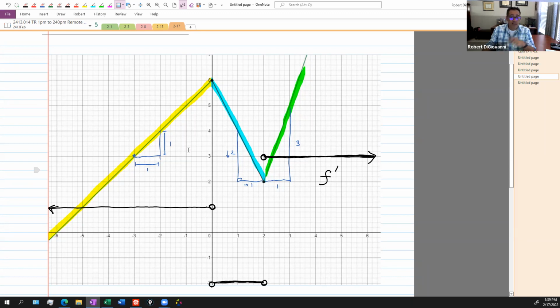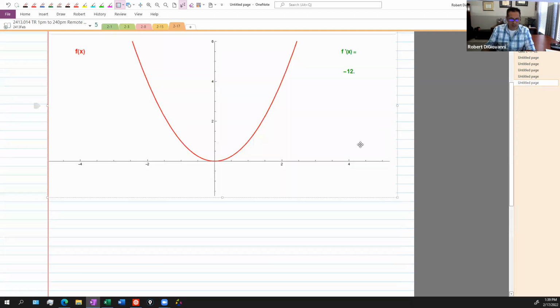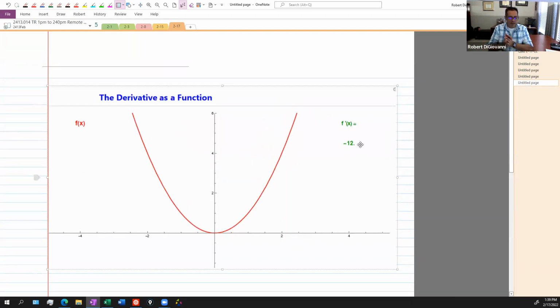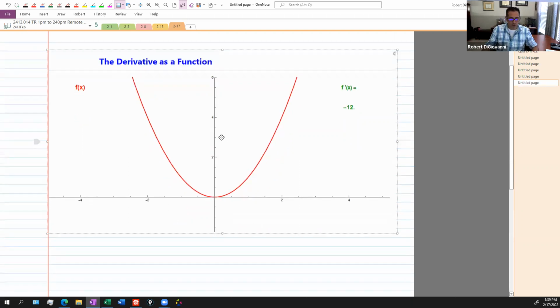On the example I did before this, when it was curvy, I couldn't find exact values of the derivative. I could just tell you it's positive, getting bigger, or negative, getting bigger. That's it, because there wasn't a precise way of calculating the slope. Here, we can see the slope easily because they're line segments. So what you're going to do with this one is try and draw me a rough sketch of what the derivative of this would look like.